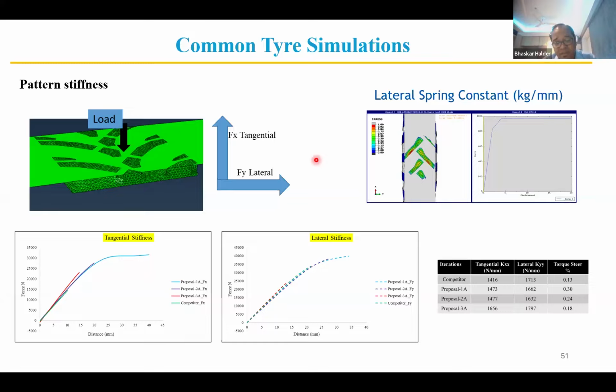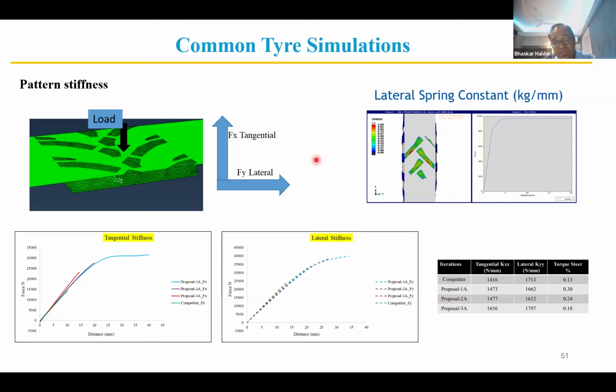We cannot predict it really, but with FEA we can predict the tangential stiffness, because it is a parameter that gives you the braking distance or how fast I can accelerate.